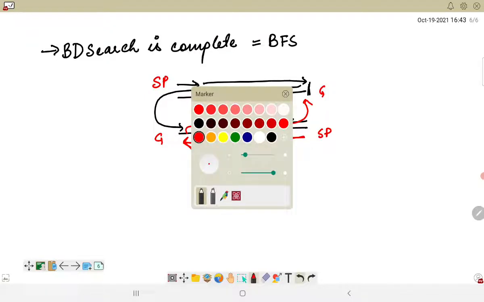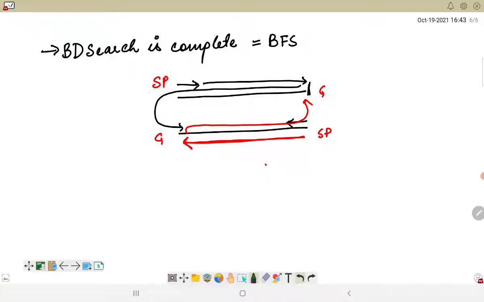However, if I am going for BFS, then the search will happen in this direction. So at one point of time your friend will be here, at another point it is here, then at this point, again at this point, and at this point. Similarly, yourself also will be moving in this direction, and finally both of you will meet at a common intersecting point.